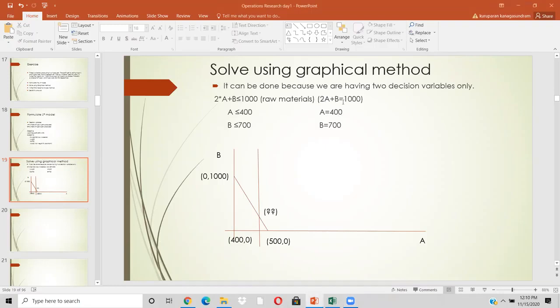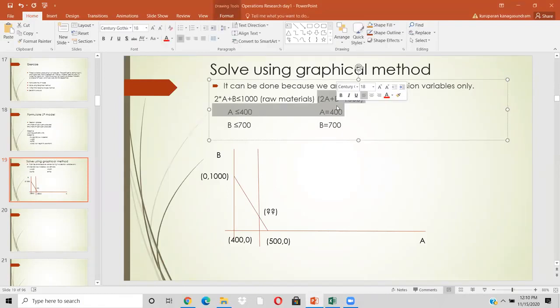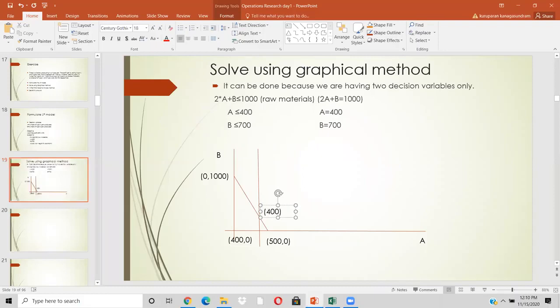By solving these two equations, you will get the value A is equal to 400. So substitute here. A is equal to 400 means this will be 400 comma, for the B it will be 200. Okay, fine.